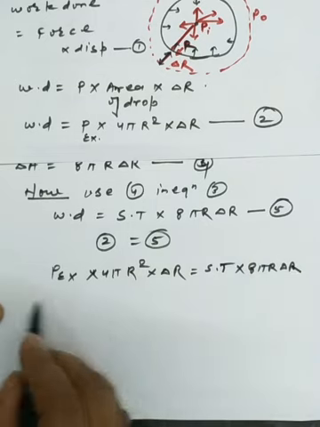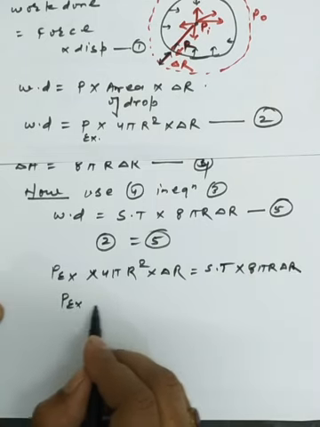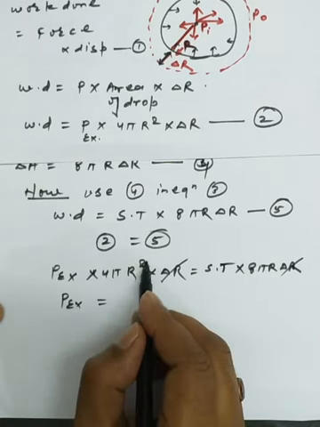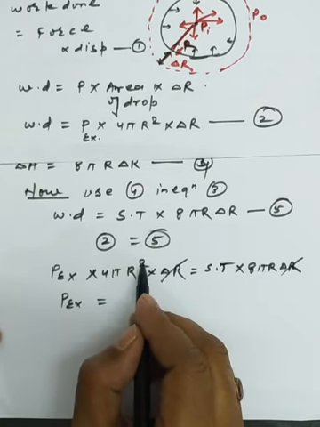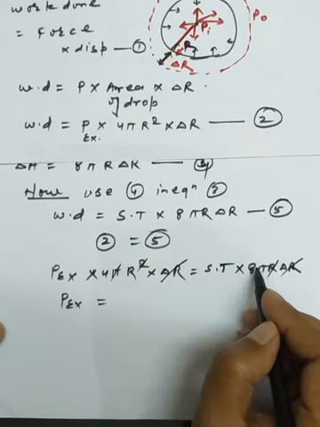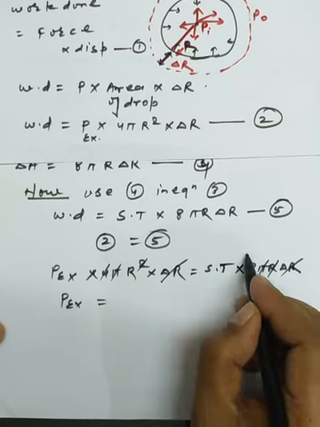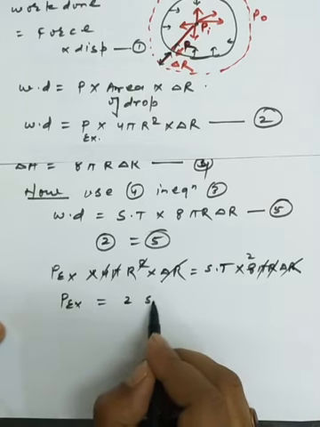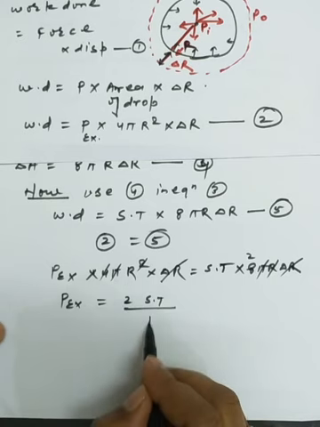Delta r cancels, r cancels, pi cancels, and 4 to the 8 gives us 2. So we can say that P excess is 2 into surface tension divided by r.